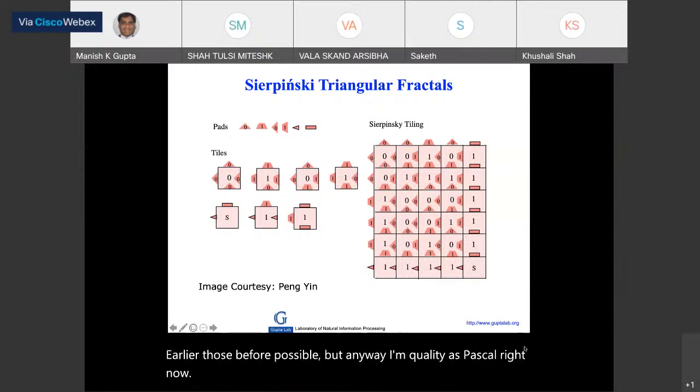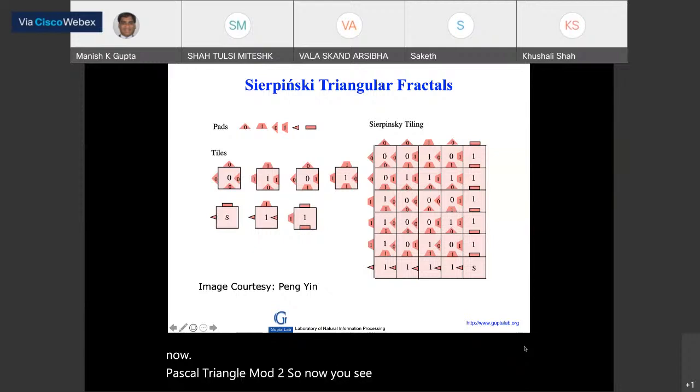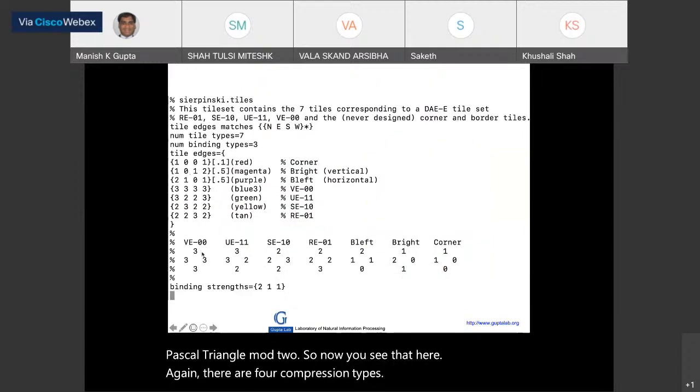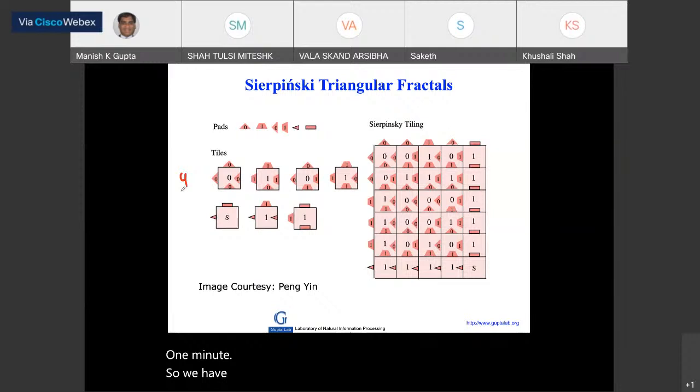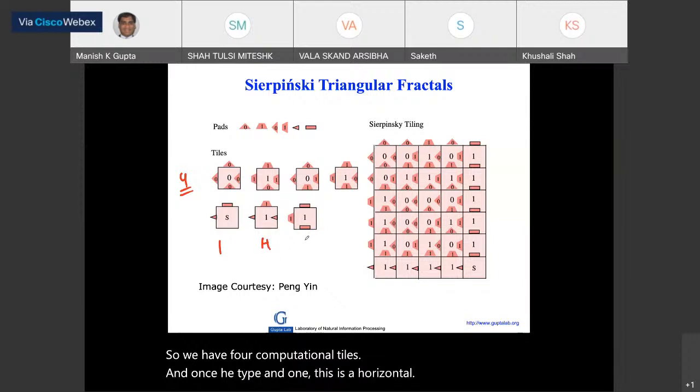Pascal triangle mod 2. Now you see that here again there are 4 computational tiles and 1 seed tile, and this is horizontal and this is vertical, right? Horizontal and vertical tiles. So now, can you tell me what is the function?